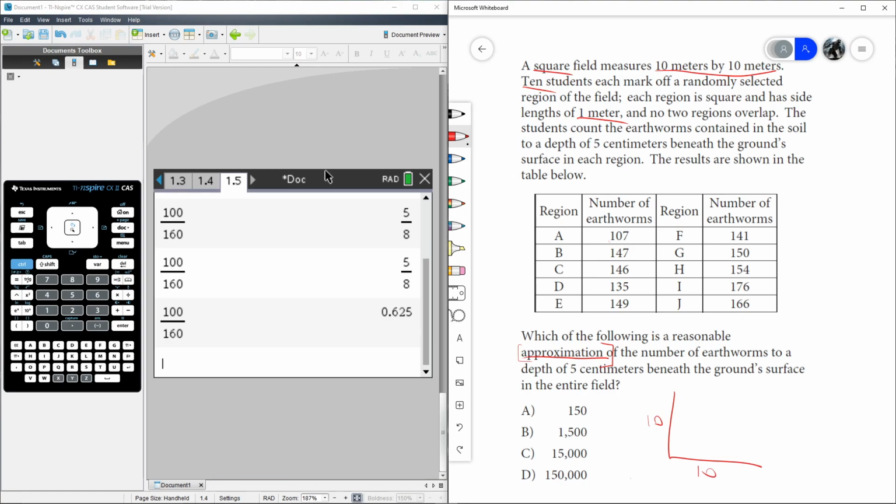What this means is that the area of this entire field is 100 meters squared, while our samples are only 1 by 1 meter, and our area of these samples is 1 meter squared. So once we get the average amount of earthworms per sample, we can multiply it by 100. So over here, this is times 100 to get the average amount in the entire field.